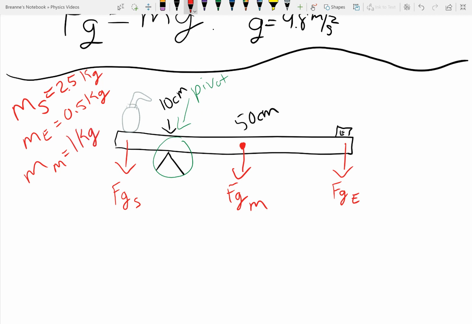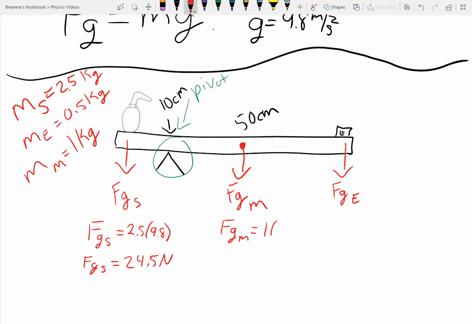So first we have to figure out the force of gravity of each of our objects. So the force of gravity of our soap would be 2.5 times 9.8. So 2.5 times 9.8 gives you 24.5. Then you'd find the force of gravity of your meter stick.